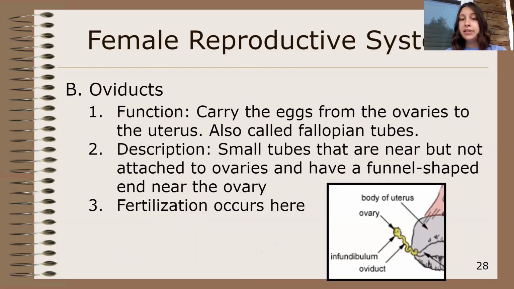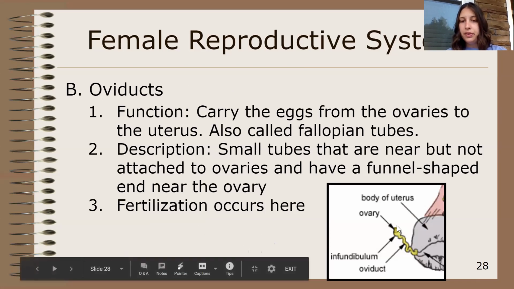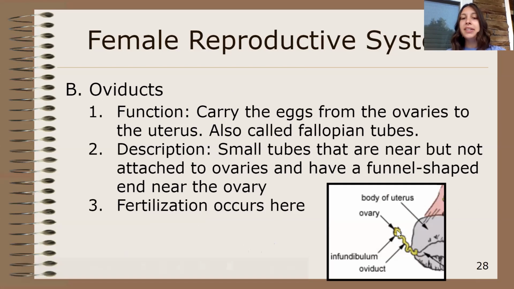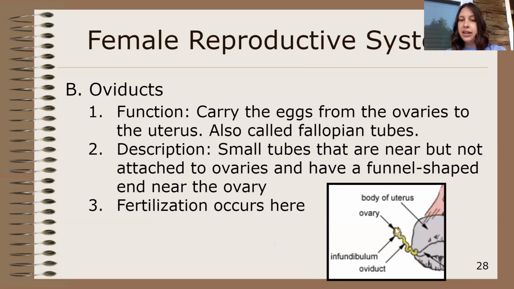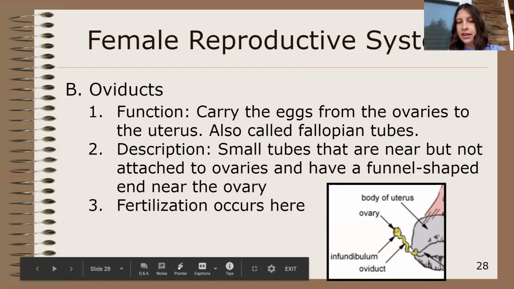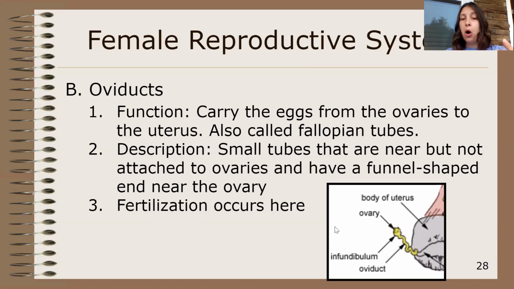Once the egg is released, so this little thing right here, that little tip of the yellow, that is the ovary. It's not very big. Once the ovary releases, the egg travels down the oviduct. The oviduct is similar to a hallway.